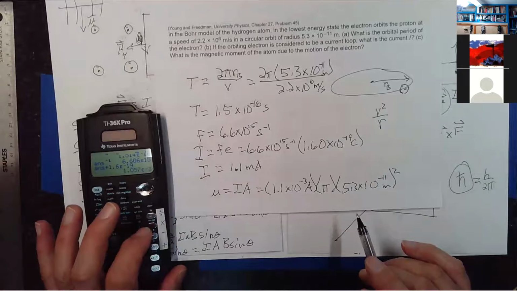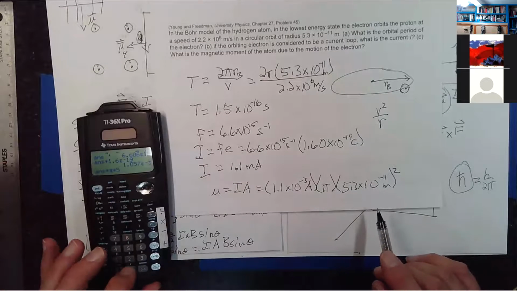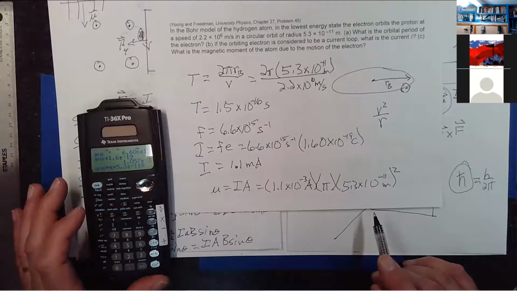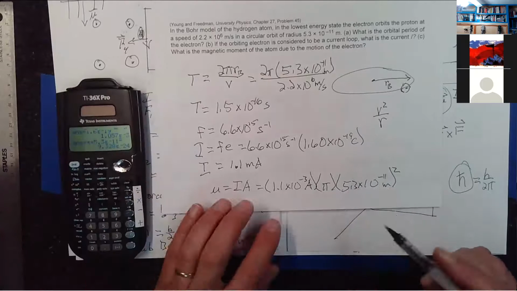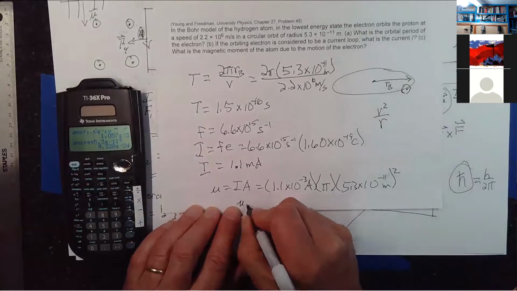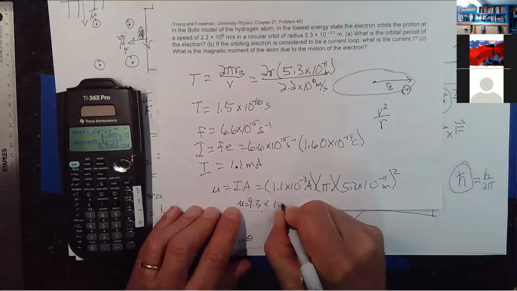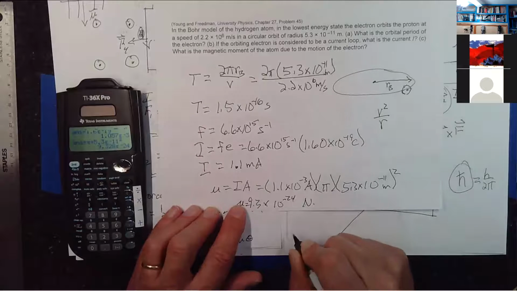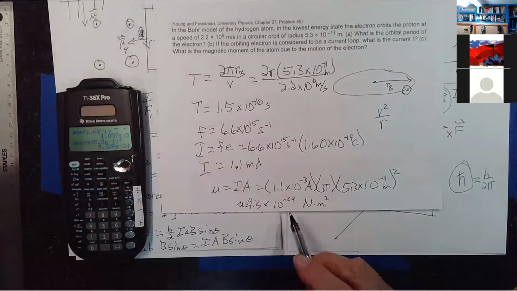So times pi times... not a big number, 9.3 times 10 to the minus 24th, and this would be newton meters squared, but it's just one little hydrogen atom that has that.